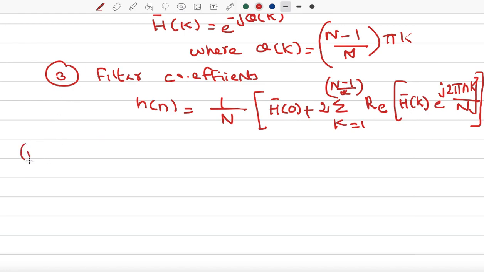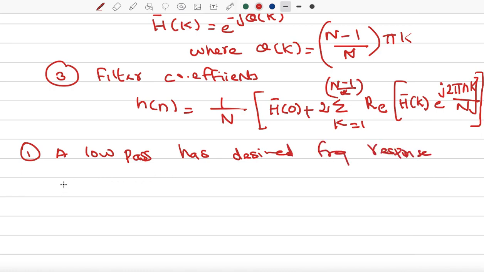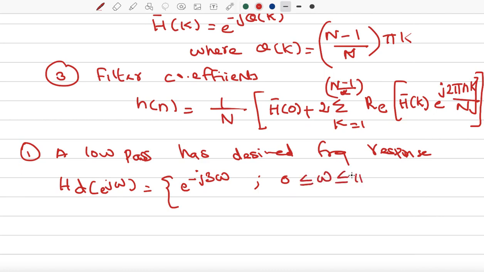A low pass filter has a desired frequency response Hd of e power j omega equal to e power minus j 3 omega for the limit 0 less than or equal to omega less than or equal to pi by 2, 0 otherwise, for capital N equal to 7.